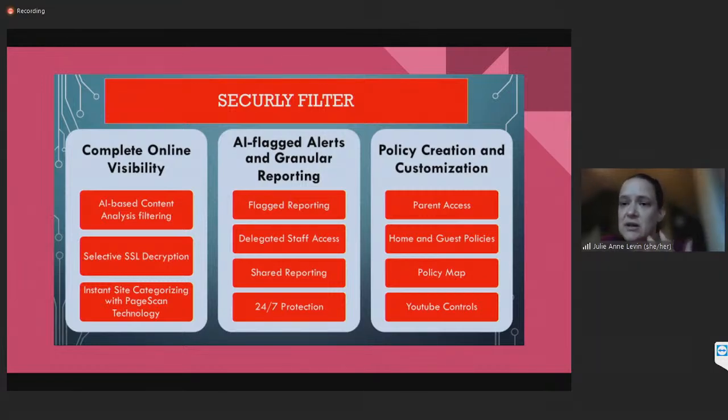If a student in the middle of the night is searching something like that on, again, their district Chromebook, our technicians are getting woken up to an alert. They are on it with those kinds of searches, and they get an alert, the school principal gets an alert.